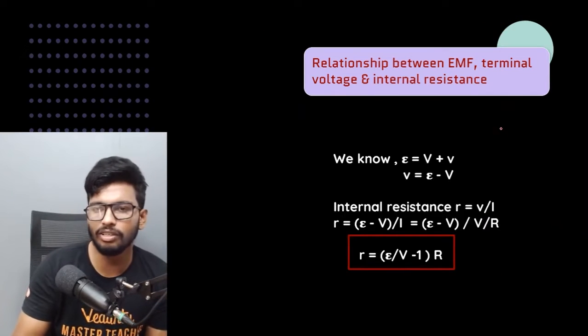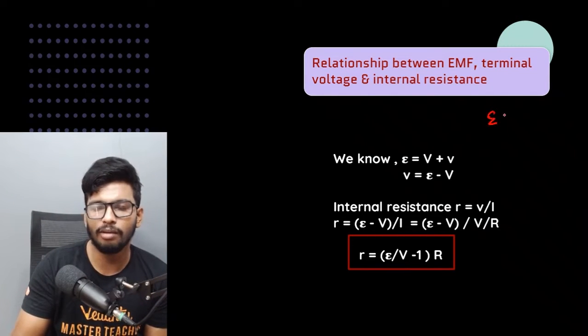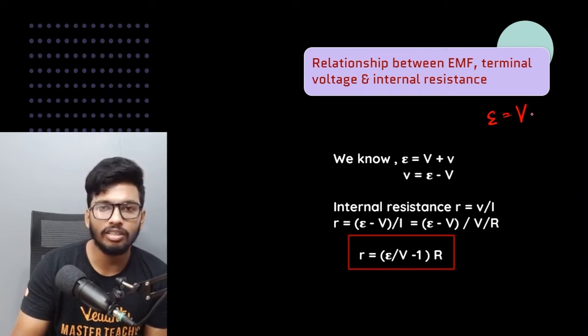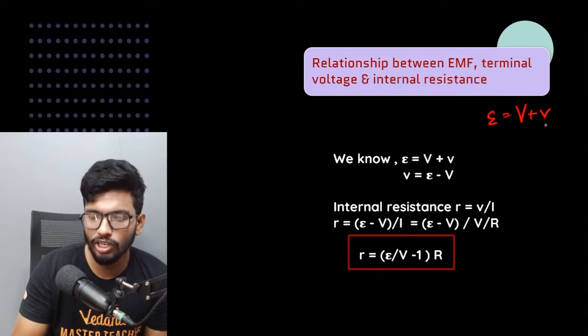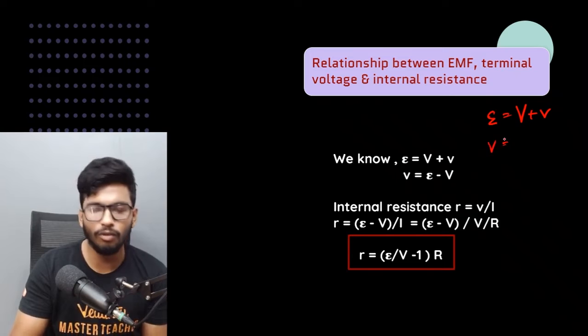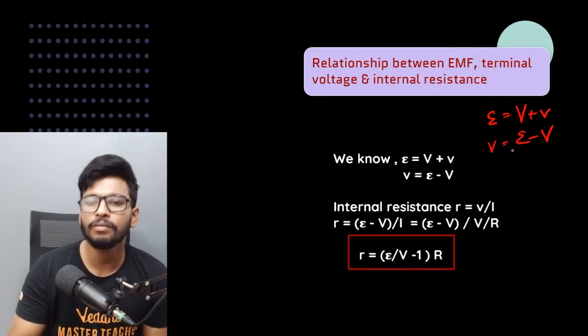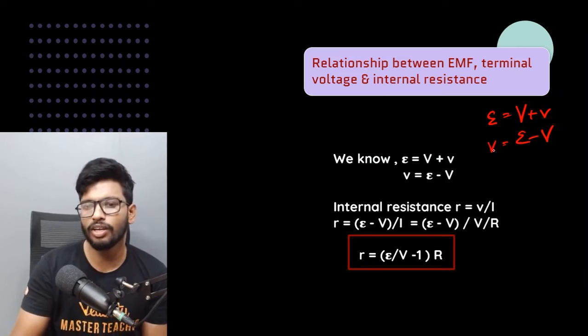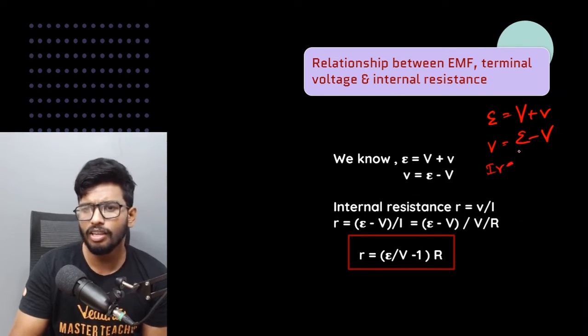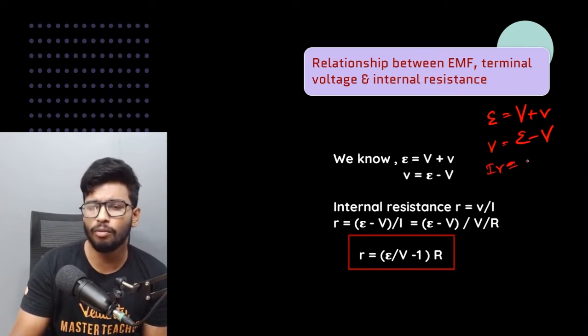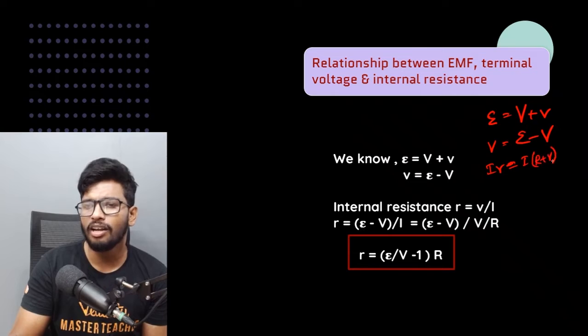So from the equation that we got before, we know that EMF is equal to the terminal voltage plus voltage drop, which means voltage drop is epsilon minus V. If you substitute the values over here, V is I into R, and epsilon, as you just saw before, is I into R plus r.